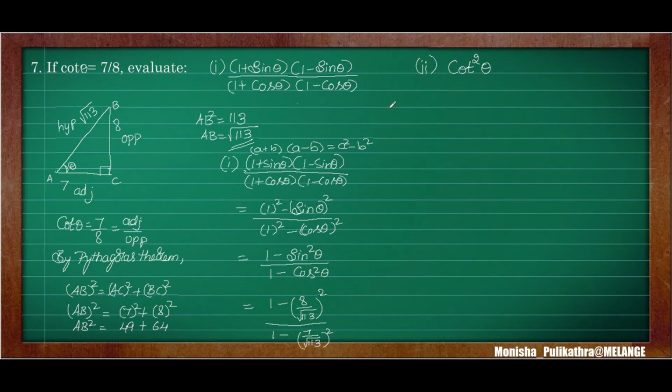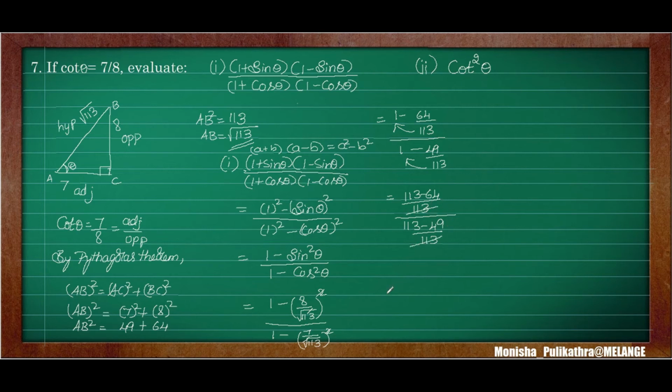So it will become 1 minus 8 square is 64, whereas in root 113 the root and square cancel, therefore 113 remains. In the next case, 1 minus 7 square is 49, again root and square cancel here and it will become 113. When we take the LCM, it will become 113 minus 64 whole divided by 113, divided by 113 minus 49 whole divided by 113.